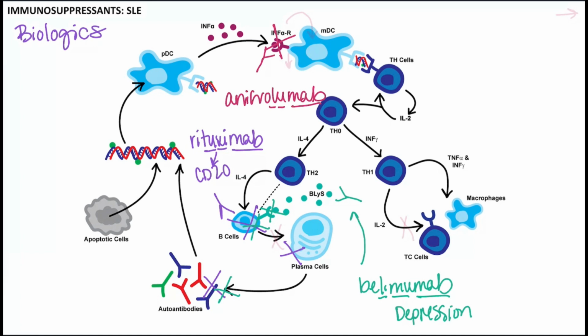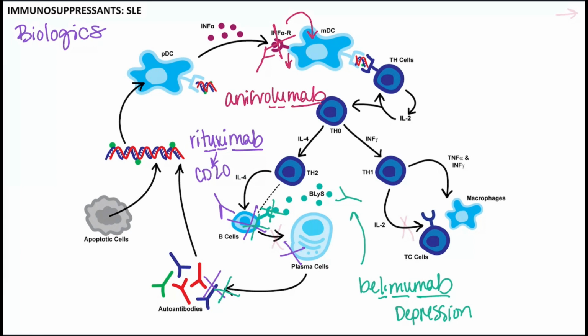This also induces the internalization of interferon alpha receptor subunits, reducing the levels of receptors available on the cell surface. So blockade of this receptor inhibits interferon responsive gene expression as well as downstream immune processes.